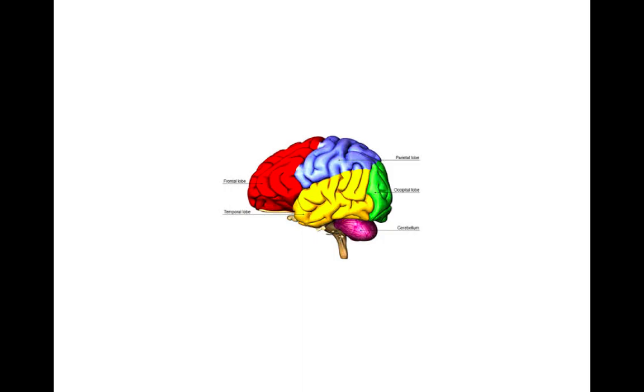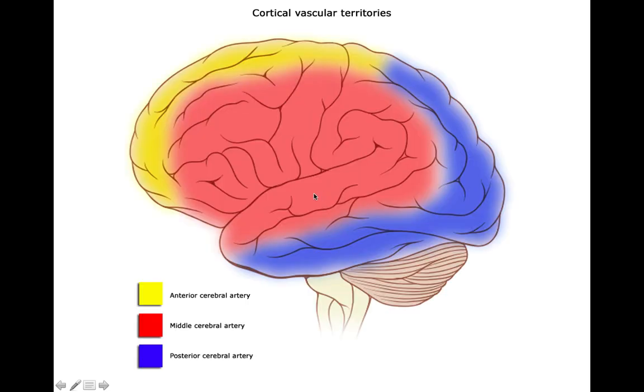Well, look at this image. This is again the brain showing the cerebral hemispheres with the frontal lobe, parietal lobe, occipital lobe, and the temporal lobe. And it shows the vascular territory of the middle cerebral artery, the anterior cerebral artery, and the posterior cerebral artery.